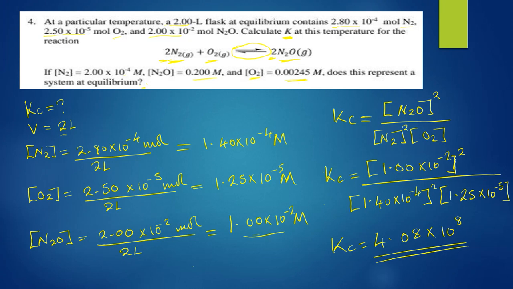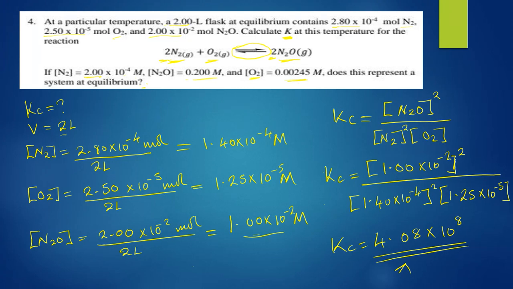So we're going to use the concentrations which have been given: 2.00 times 10 to the power negative 4 molar for nitrogen, 0.200 molar for nitrogen oxide, and 0.00245 molar for oxygen. And then we're going to solve for the equilibrium constant K, and once we solve for it, we must compare it with this one. If it's the same, then we're going to say that this system is at equilibrium. But if it's different, then it's the other story.